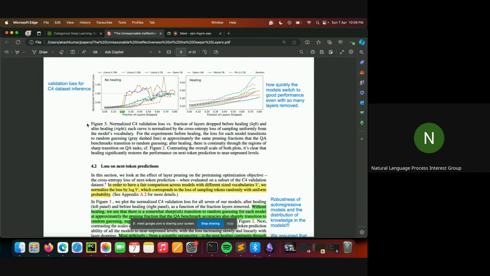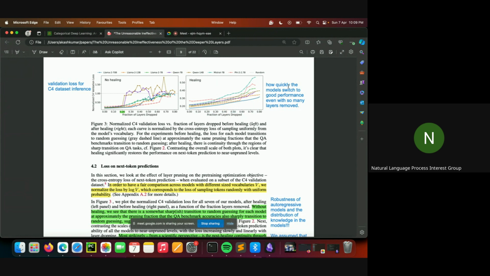If we have 100 layers and remove 20 of them, the model is still giving the same validation loss on C4. And if we do healing, the performance does not degrade that much. If we remove 50% of the layers and do a small fine-tune after that, the model is still able to give good results for the C4 validation loss.